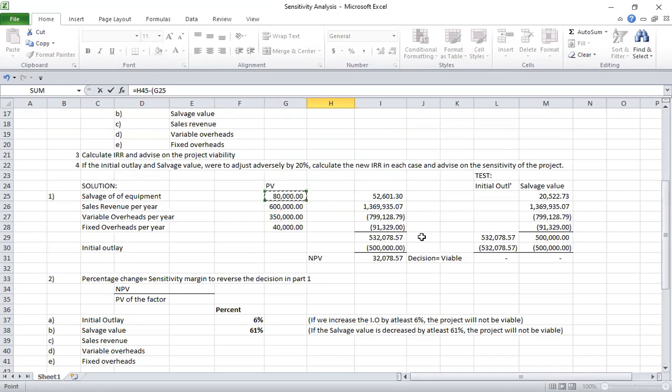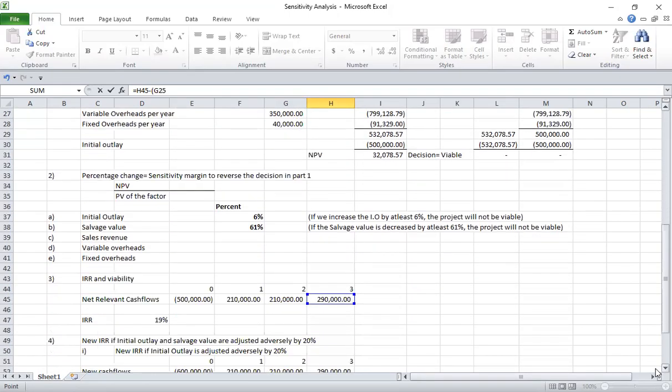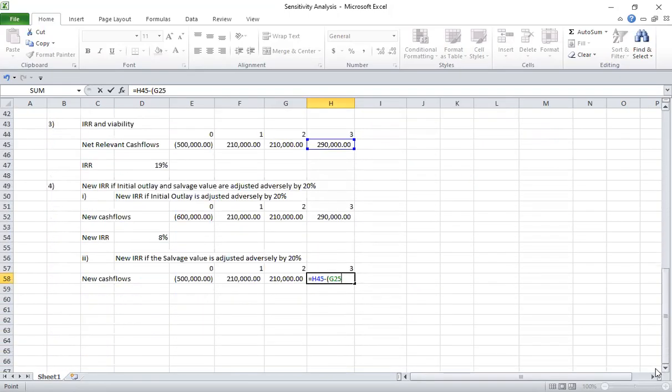So the salvage value was 80,000 shillings, and we are decreasing that by 20%. So I take the whole of the 290, the total cash flow for period 3, which has the 80,000 shillings salvage value, but then you decrease by 20% of that 80.